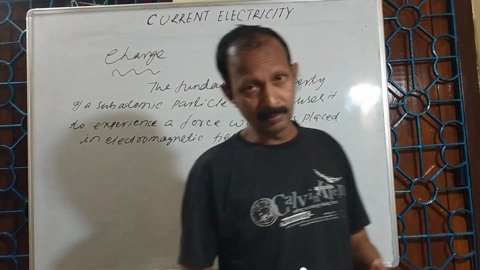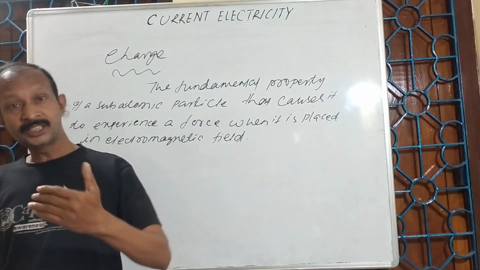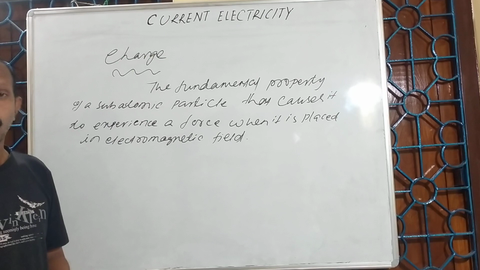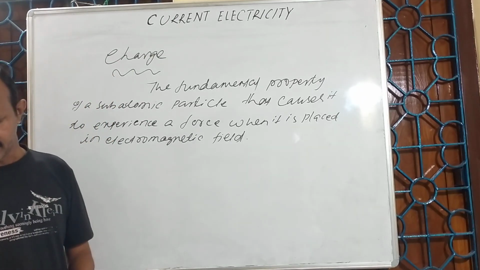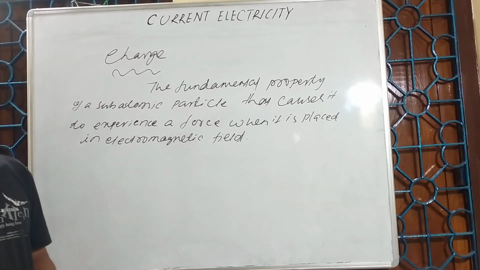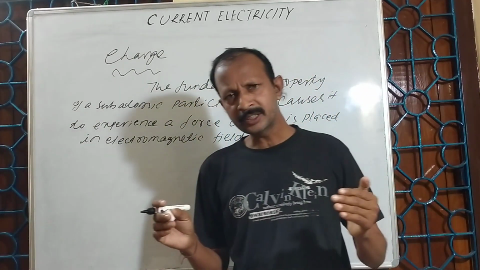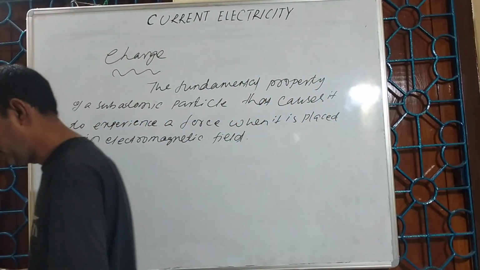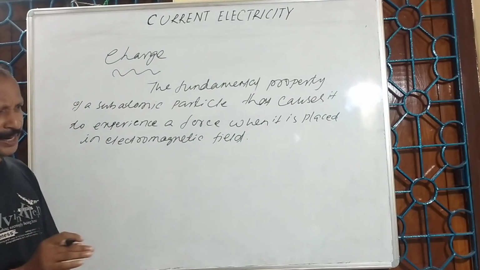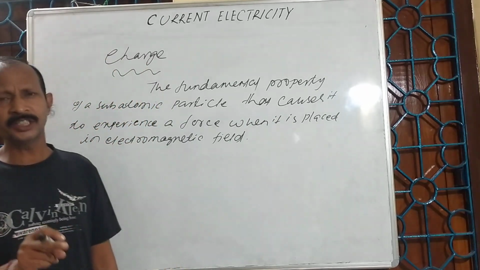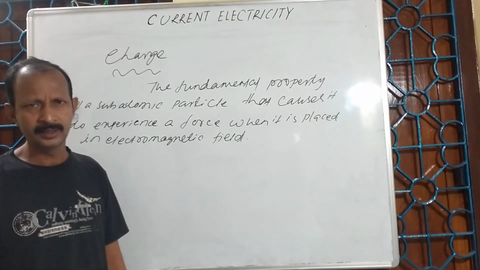In earlier classes you might have studied about static charge, means the charged particles when at rest. The thing is that when two non-conducting substances, for example, a glass rod and silk cloth, are rubbed against each other, there is a transfer of electrons from one body to another body.